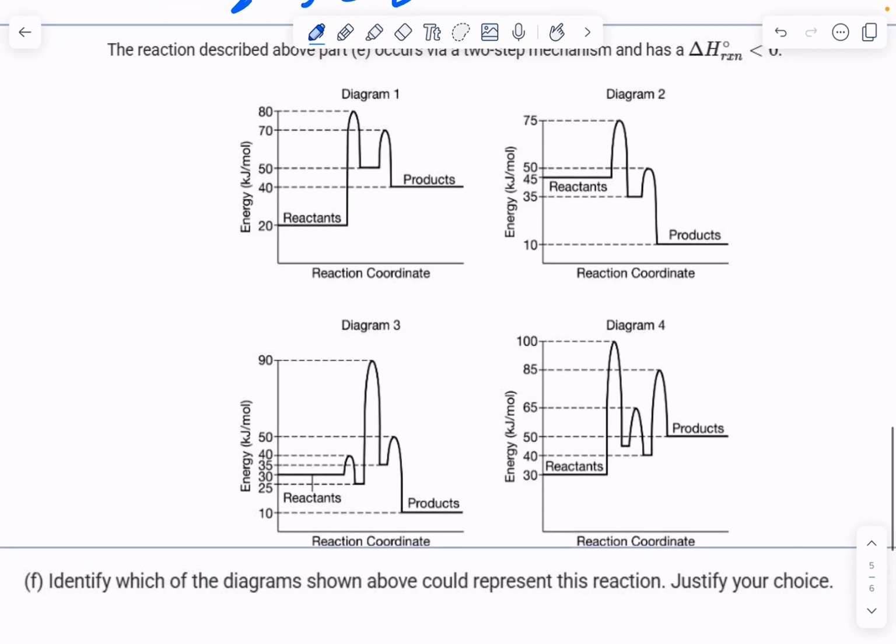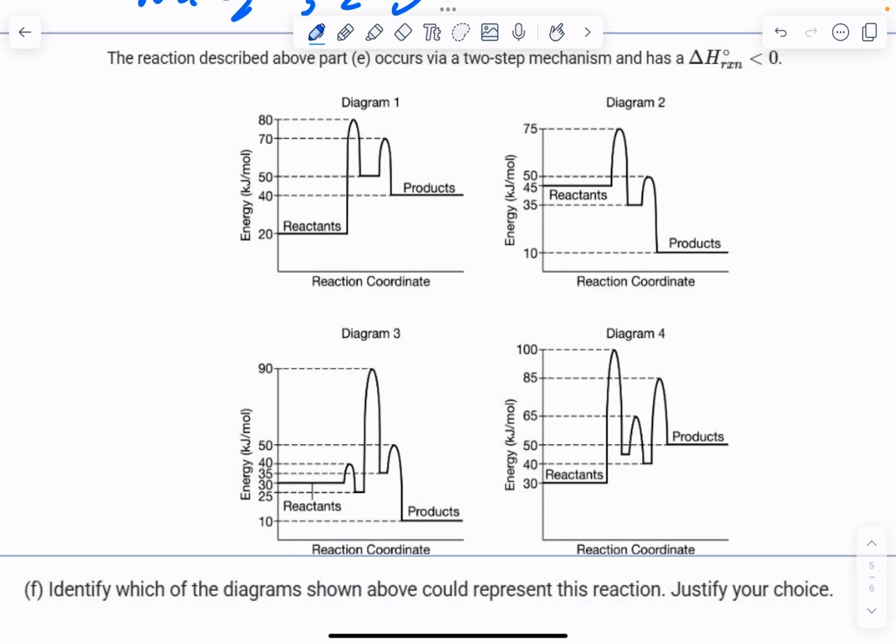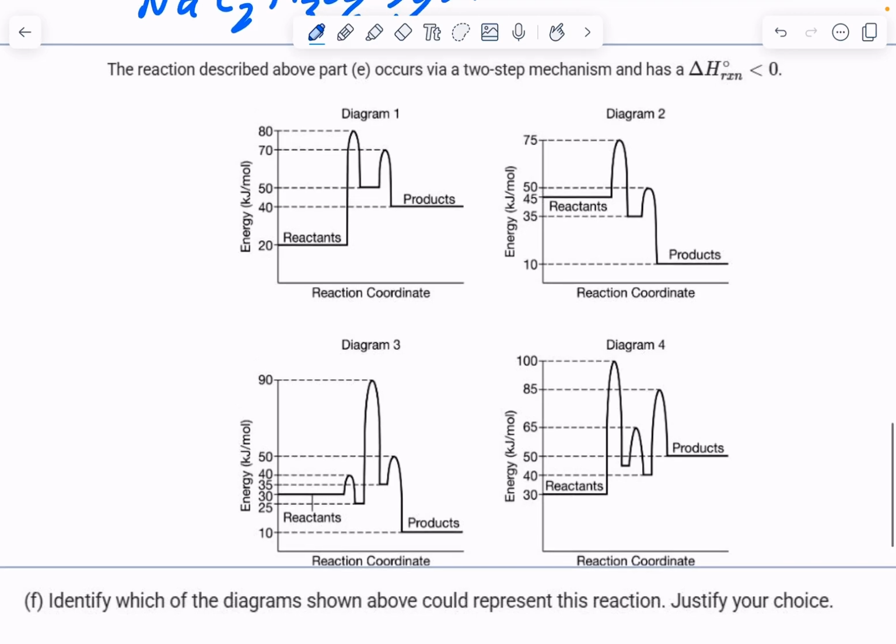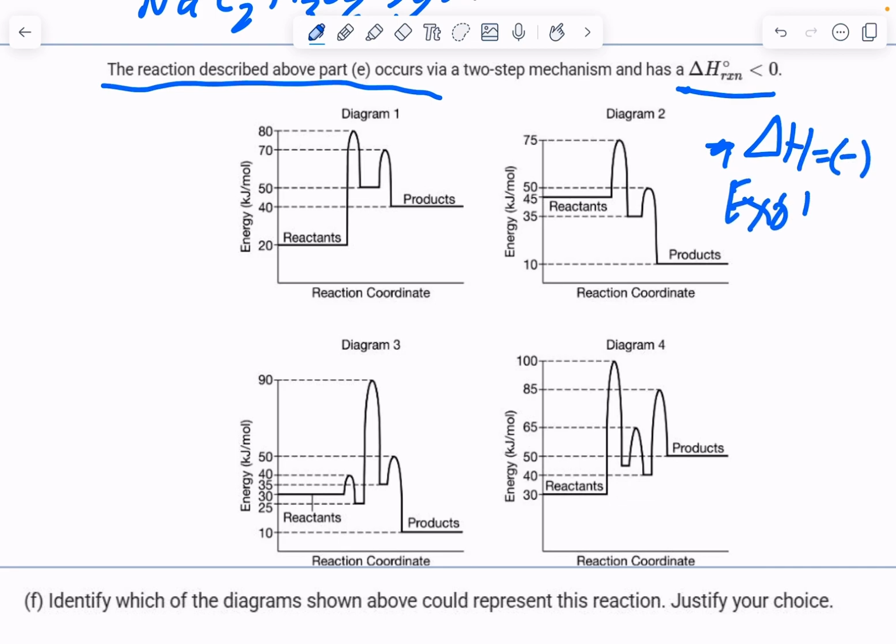Okay, last little one. The reaction described in part E occurs via a two-step mechanism and has a delta H of less than 0. This goes with the previous questions. So delta H is negative, which means it is exothermic.